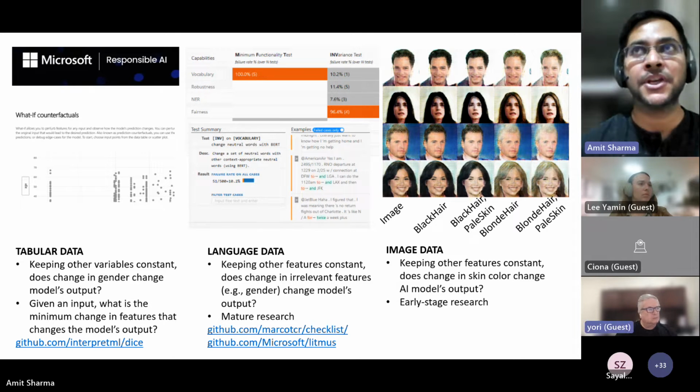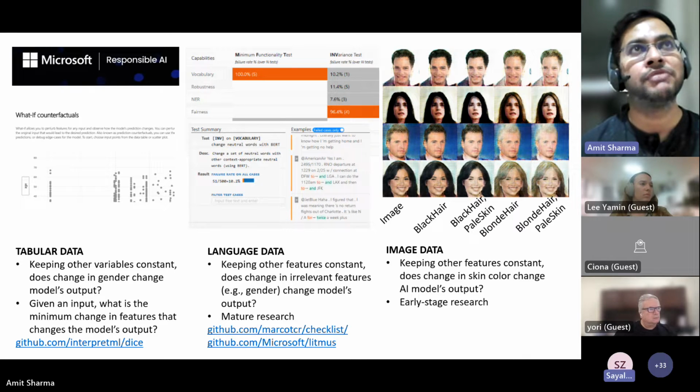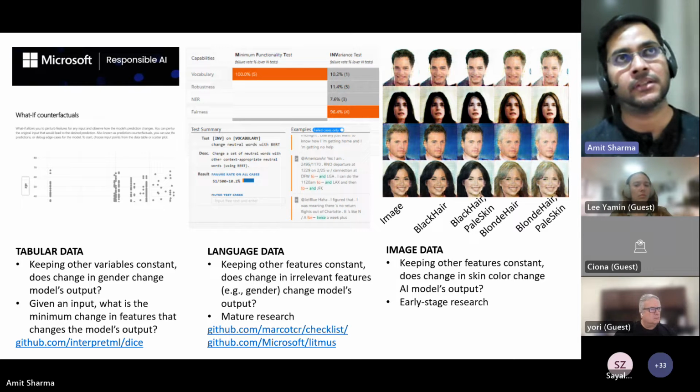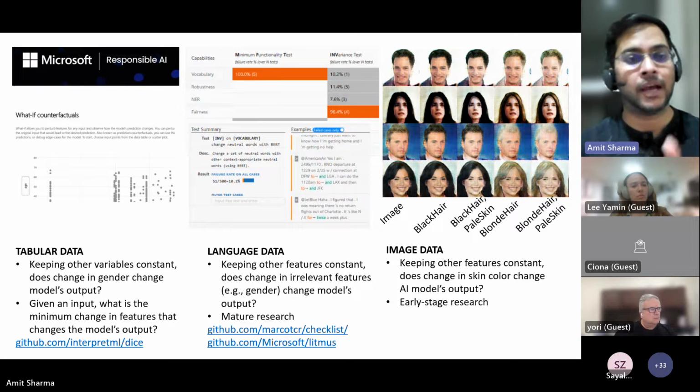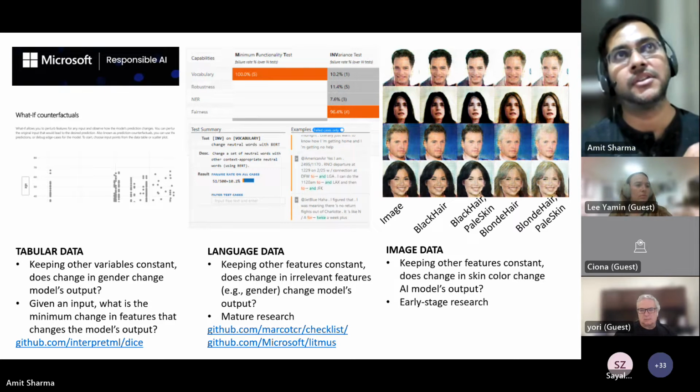But with the pace of machine learning, I think today that's no longer true. You could use large language models or even BERT-like models to very easily generate plausible counterfactuals, where you could say, here is a sentence like Amit is very happy today. Just change the tense of this sentence without changing anything else, or just change the sentiment. Today, there are models available that can easily do it for you.